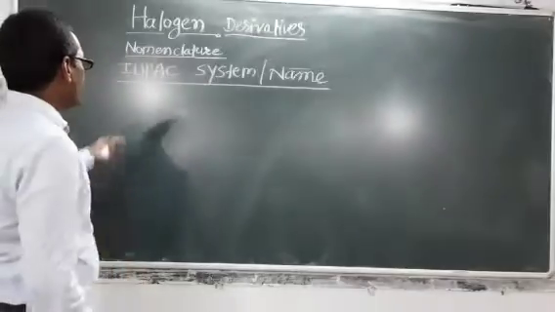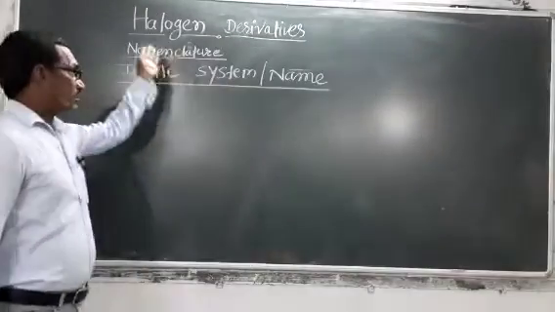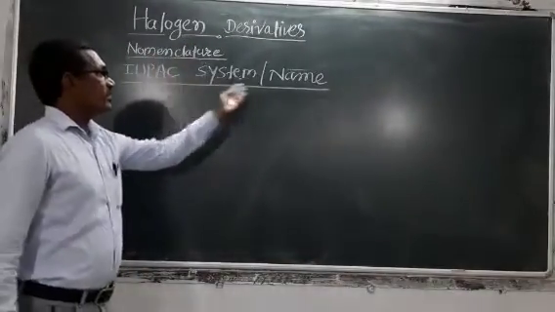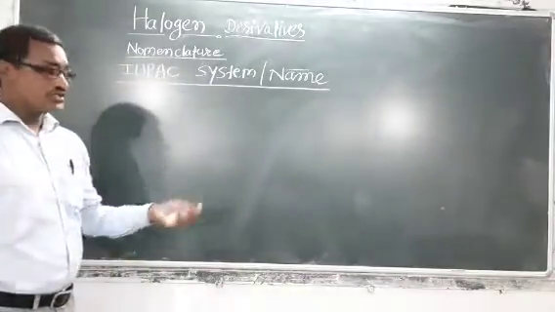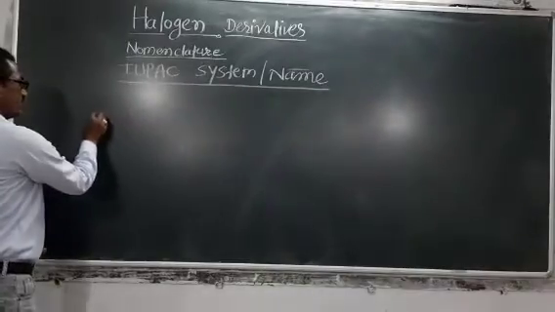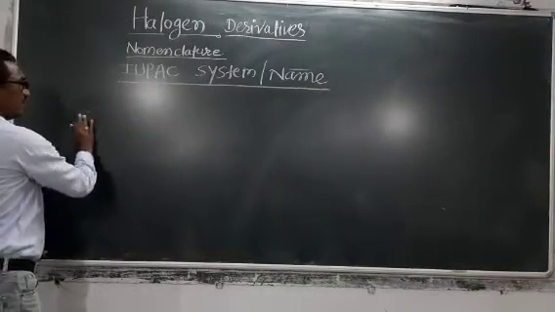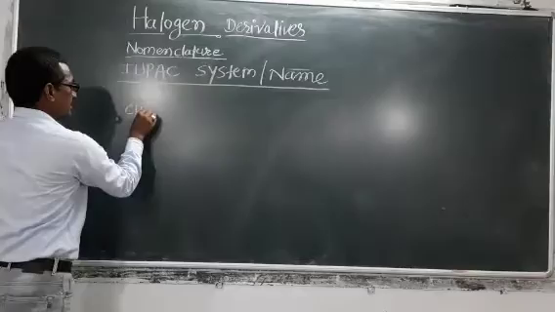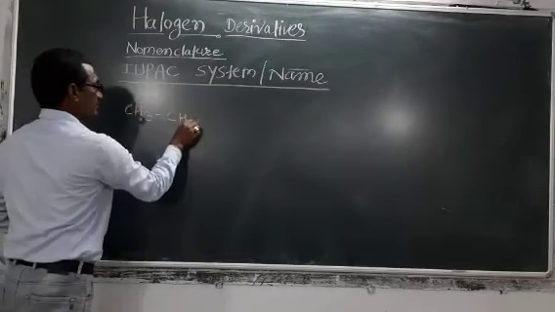Now we will study the IUPAC naming system for halogen derivatives, how to give the IUPAC name. We will see one example for that: CH3 CH2 Cl.